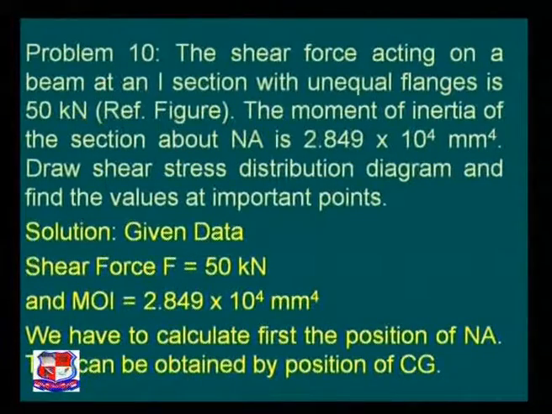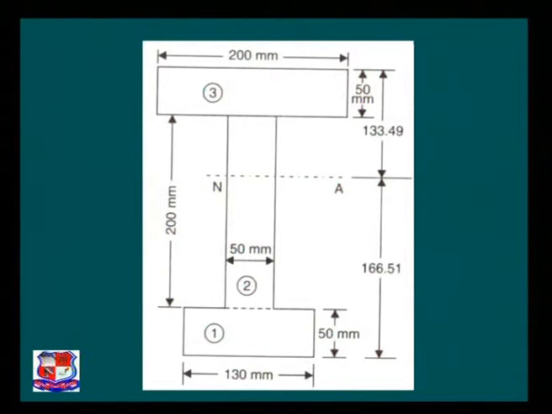The intention is plotting the shear stress distribution diagram and finding the important values at particular points. The figure given to us is this one. Carefully visualize that the top flange has a section of 200 mm by 50 mm, while the bottom flange has a size of 130 mm by 50 mm.